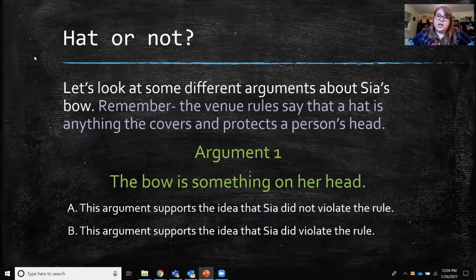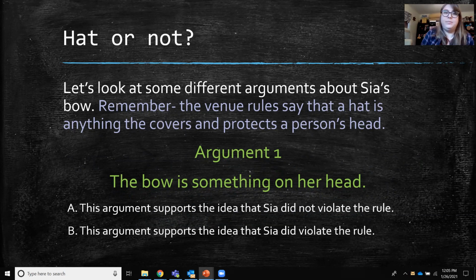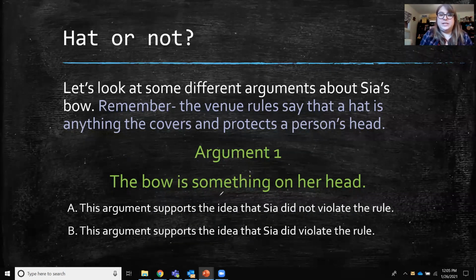All right, so let's look at a couple of argument samples to see whose team they belong to. We're going to look at different examples about Sia's bow. And we want to remember that the venue rules say that a hat is anything that covers and protects a person's head. Argument 1 states that a bow is something on her head.